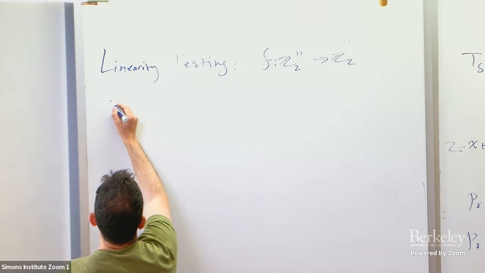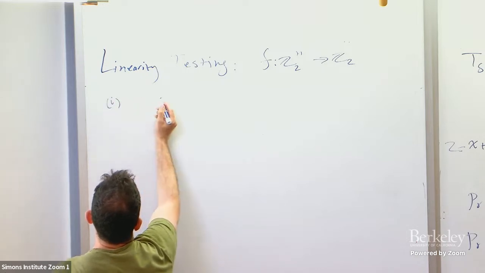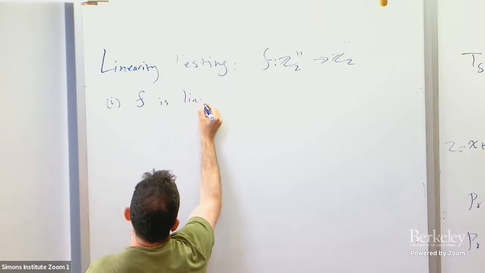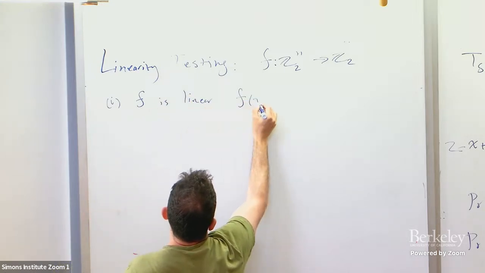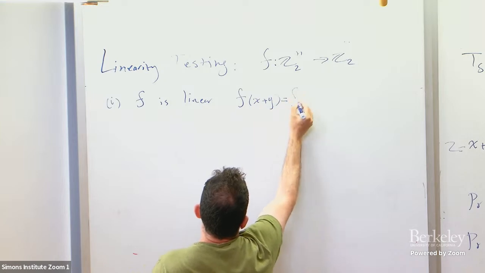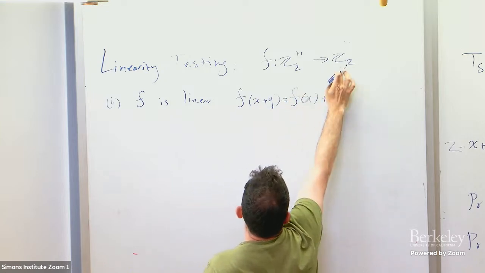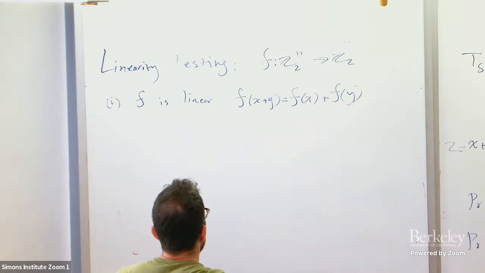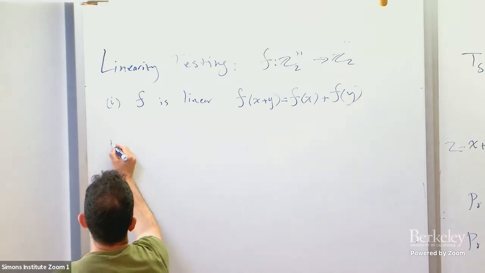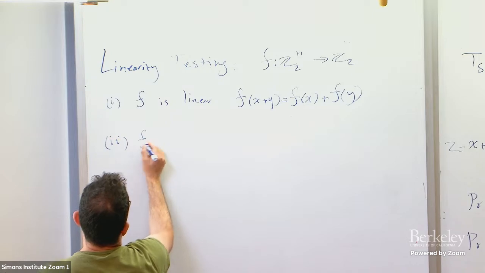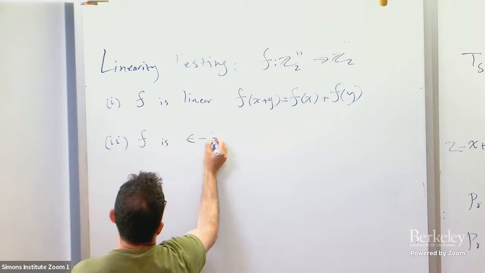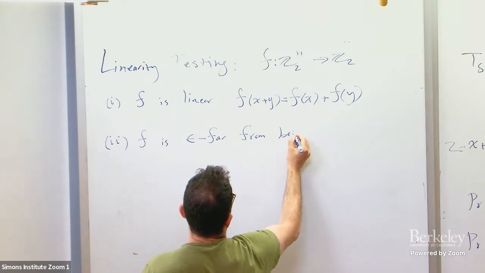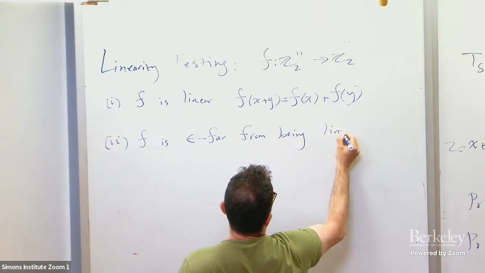So case one is f is linear, meaning that f of x plus y is the same as f of x plus f of y. This is mod 2, and the range is in Z2. Case two is f is epsilon-far from being linear.